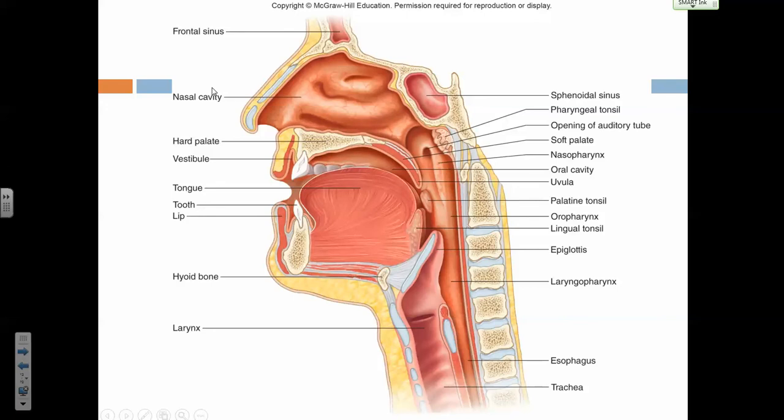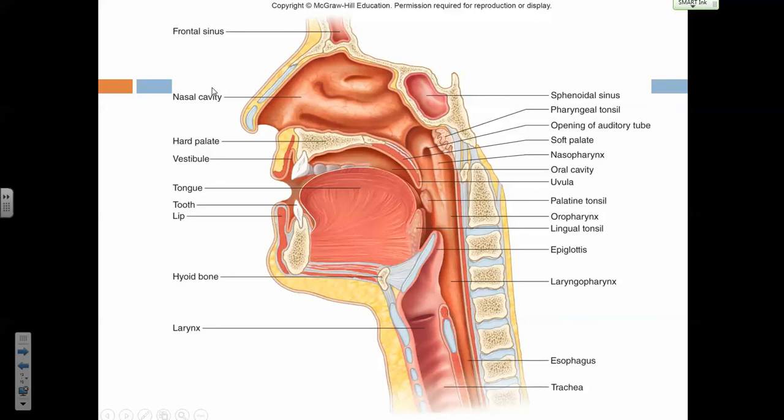A cleft lip is when there's an opening at the front of the maxilla bone. It may be bilateral on both sides. Your head features embryonically start off at the side of your head and grow together. And sometimes with the cleft, they don't come together completely, like at the roof of your mouth or at the front of your jaw. But anyway, all right, then you see the tongue.